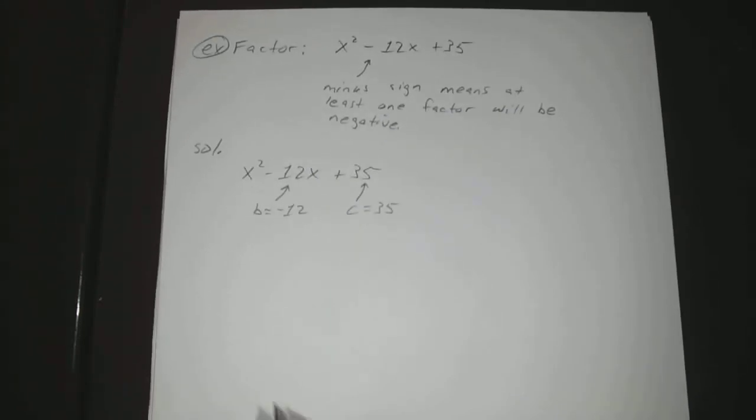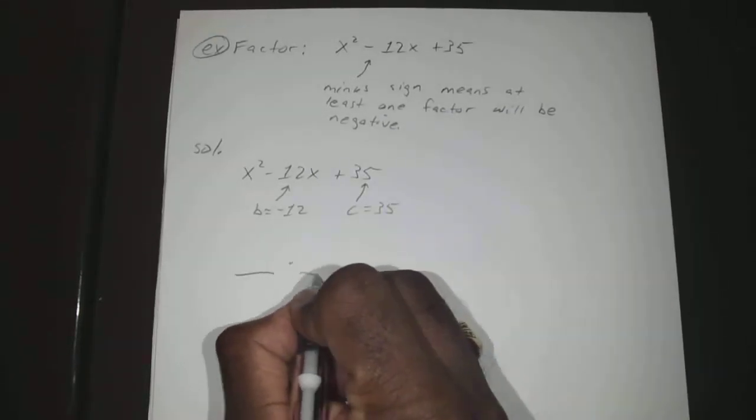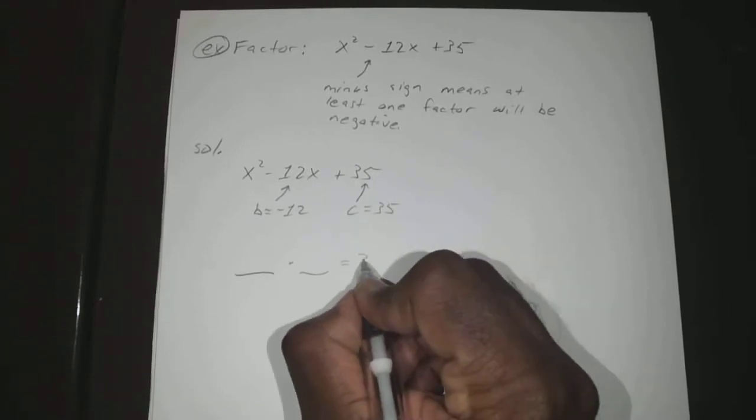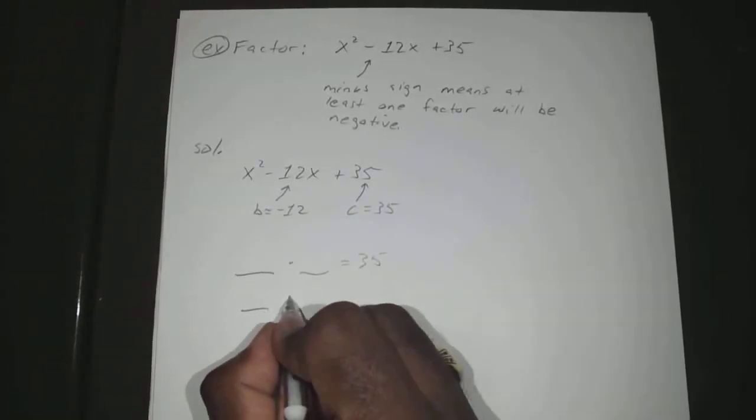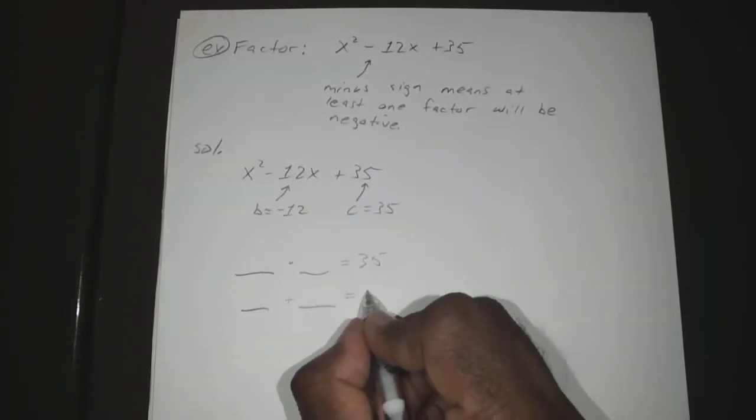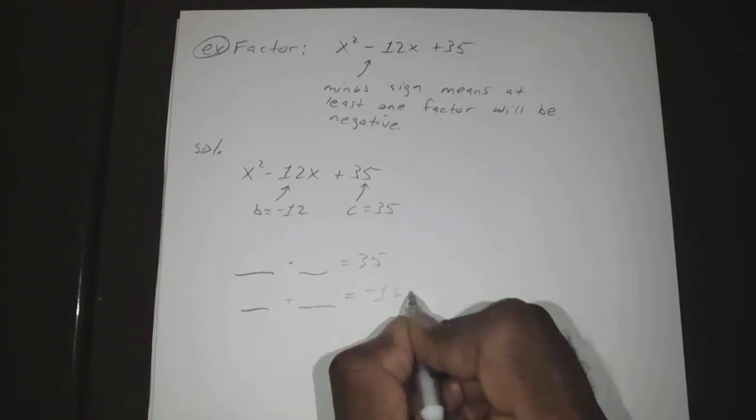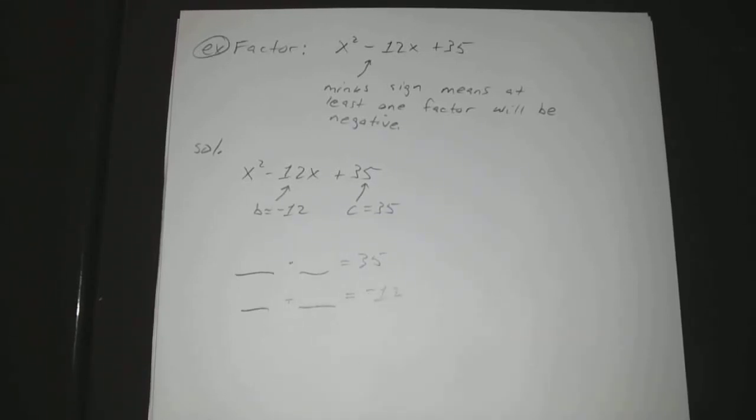So we have to find two numbers that multiply to equal your c, and those same two numbers have to add to equal your b. Now with this one, you know at least one of them has to be negative, and they can both be negative. If you look at negative 7 and negative 5, they work for both.